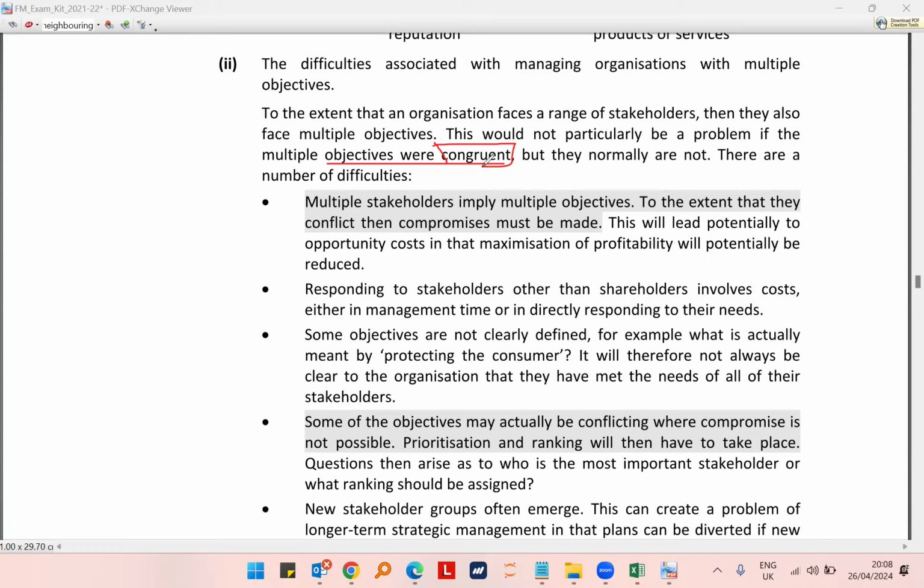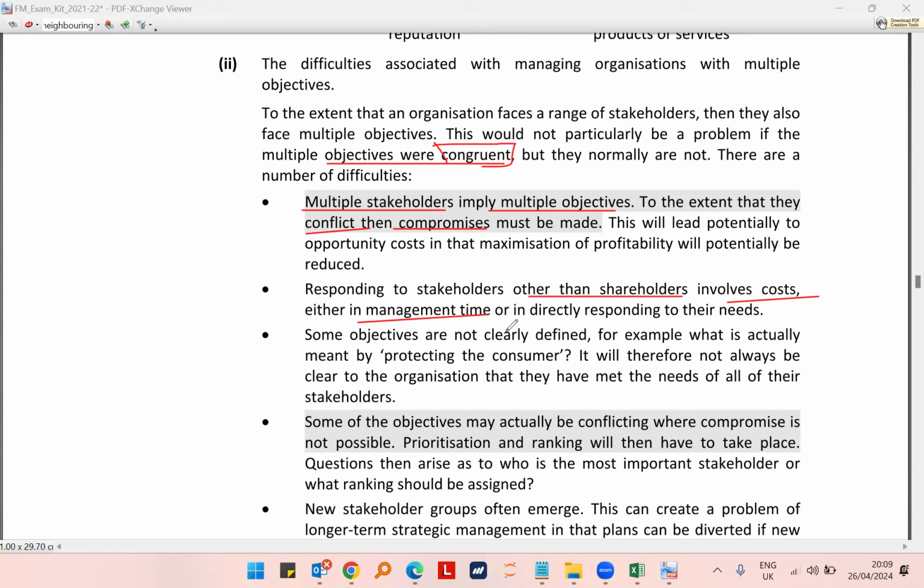But usually objectives are going to be many, and they are going to come from different stakeholders. That means that there will be some conflicts and also compromises that have to be made, because as we said, different stakeholders like different things. If you are dealing with other stakeholders instead of the shareholders, you will incur some costs, for example the time that you spend on them.